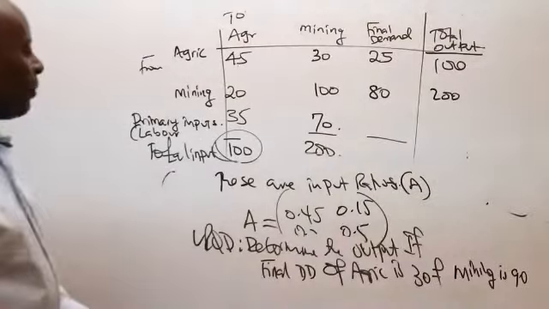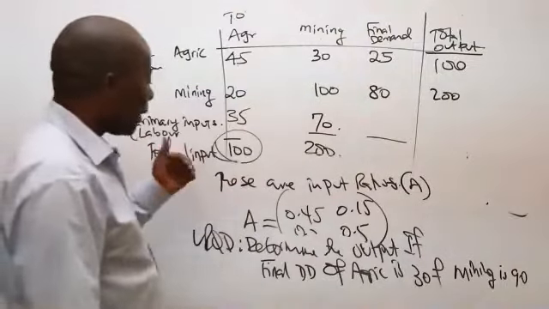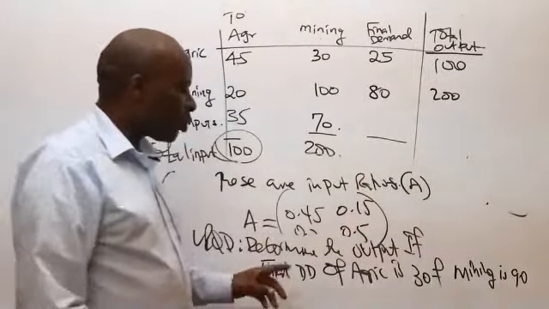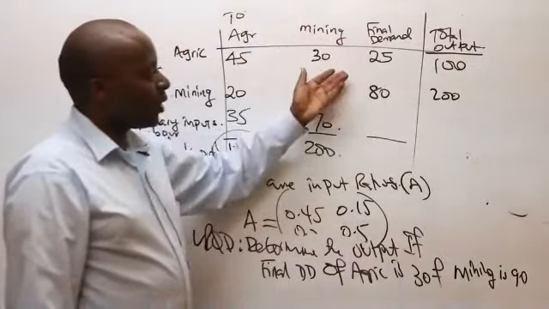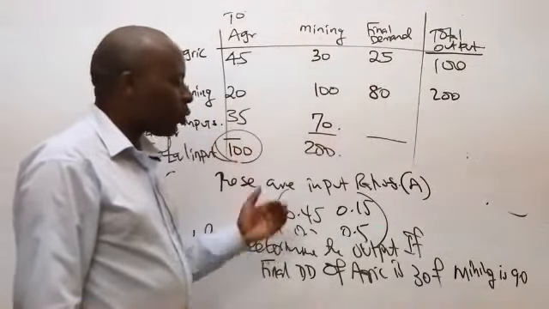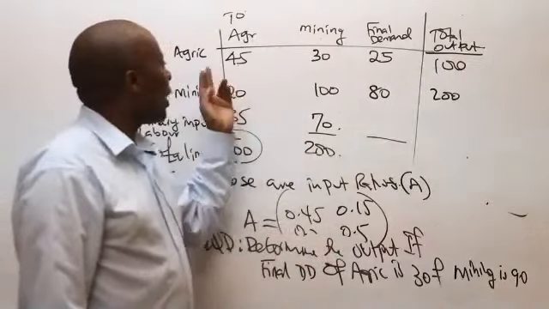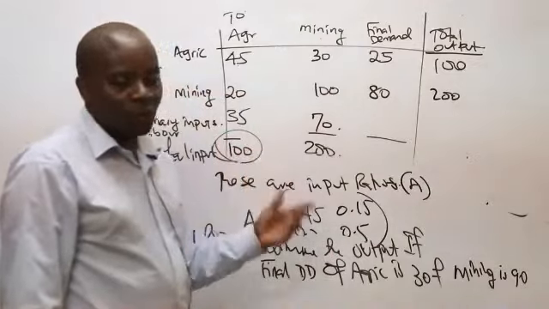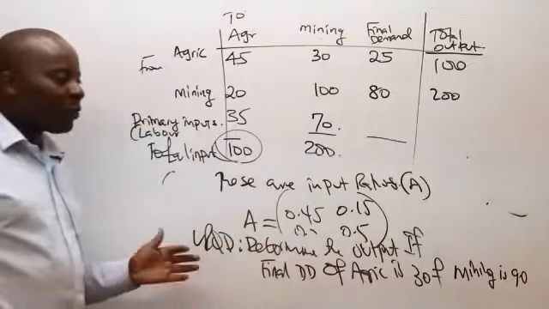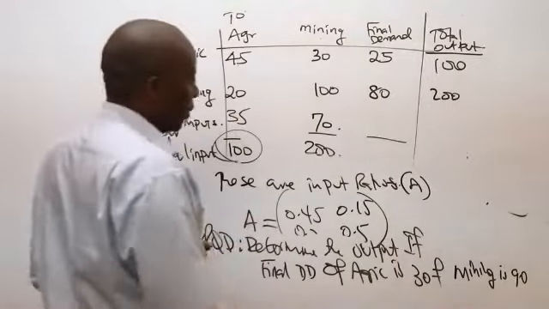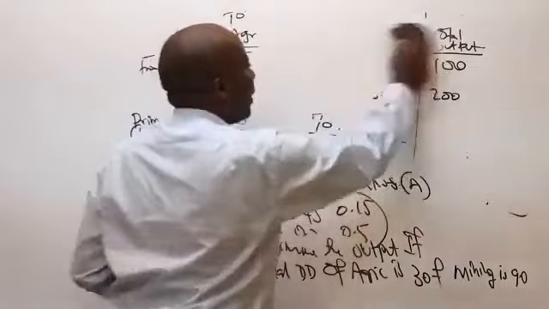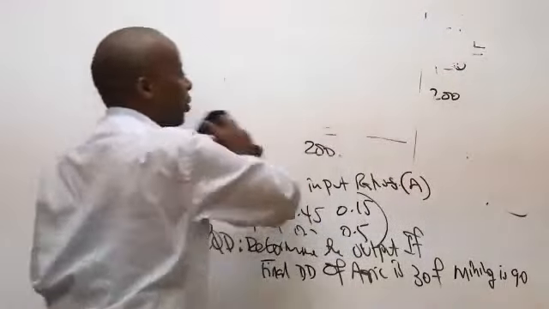So, ladies and gentlemen, remember, you'll get a situation in another requirement where the examiner tells you to determine the output if the final demand changes to 30 and 90 for agriculture and mining respectively. Then in that case, what shall you do? That is very easy. This table now is useless.